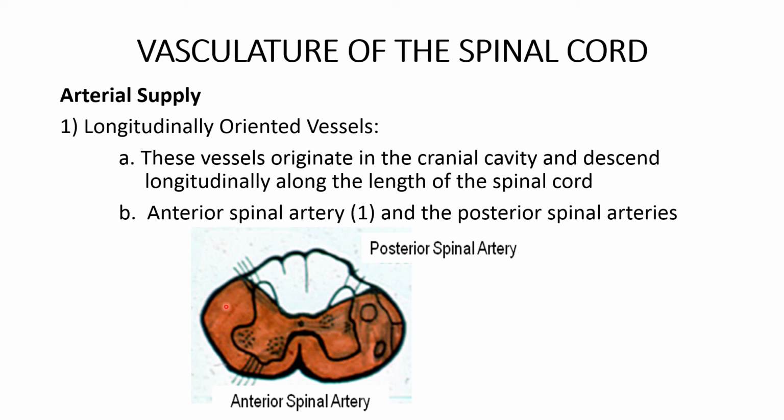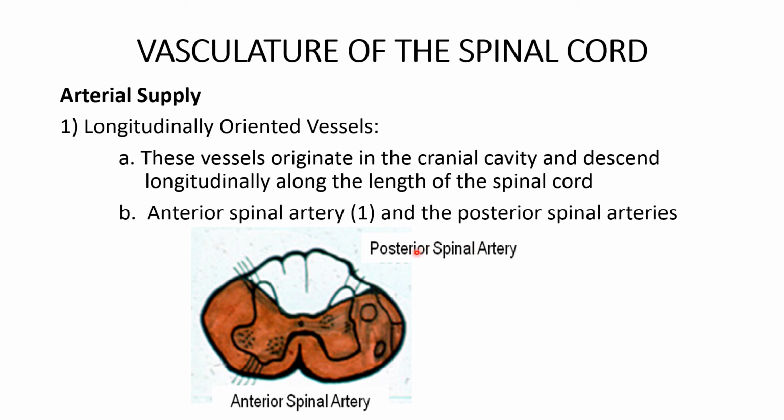And it feeds all of the corticospinal input, the spinothalamic input, as well as the lower motor neurons at this level. So corticospinal tract, spinothalamic tract, some spinocerebellar tracts, but not the posterior columns. There's only one anterior spinal artery.